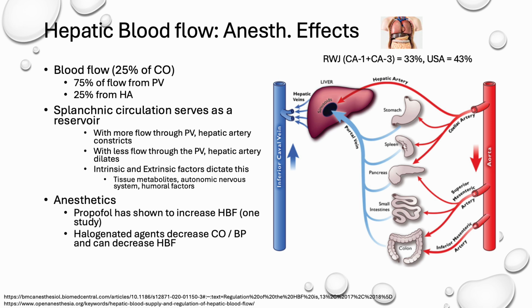Anesthetics can affect this buffer system, and most will decrease hepatic artery flow by decreasing blood pressure as well as inhibiting the buffer system. Propofol has been shown to affect this less than other agents that decrease blood pressure and cardiac output, and one study even showed an increase in hepatic artery blood flow with propofol.